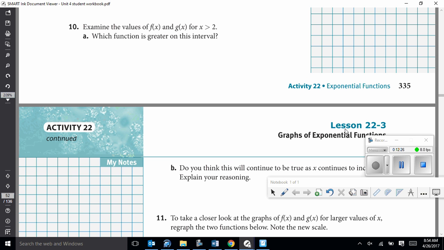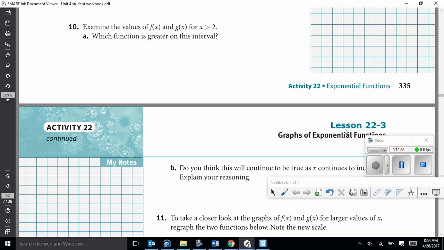Which function is greater on the interval when x is greater than 2? We did do 9, and then we did 10a. So looking at this, when x is greater than 2, which equation is going to produce more? The g one, right?